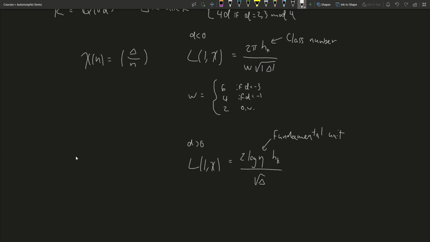Another reference for this is just the Wikipedia article on the class number formula. And there, I think they actually give something a little bit more explicit.